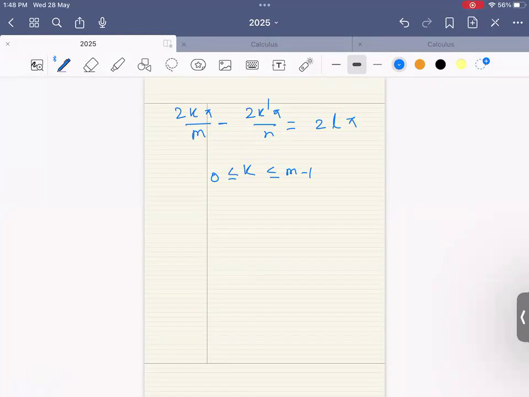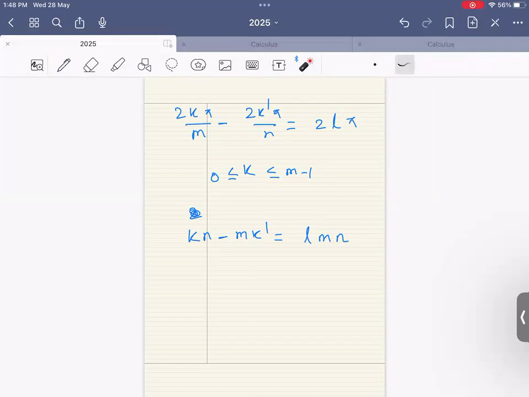Now, if you were to simplify this, you can cancel 2 pi and multiply by mn. So you'll get kn minus mk dash is equal to lmn. This is what you'll get, right?